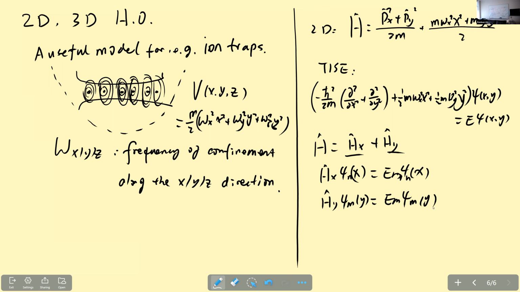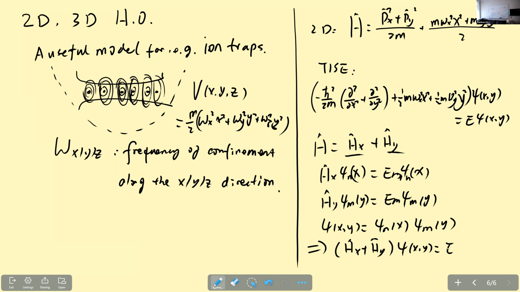And of course, if you have psi(x, y) equals psi_mx times psi_my, then immediately H_x plus H_y acting on this psi(x, y) equals E_mx plus E_my times psi(x, y).